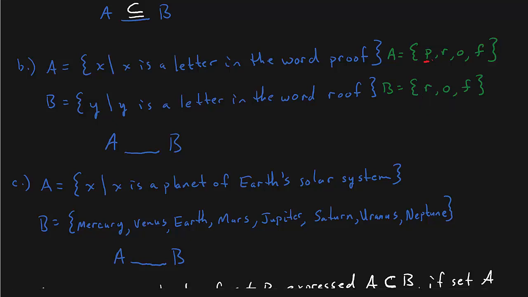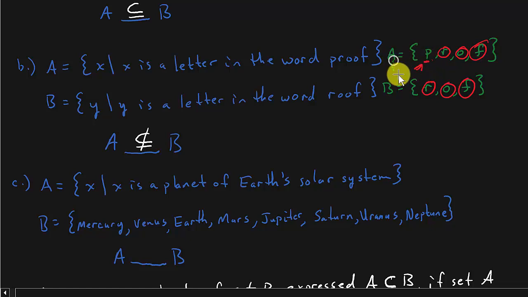So we can say that A is not a subset of B. Okay, even though R is in both, O is, and F is. But remember, every element of A has to be in B, and it's not. The P is not in B.